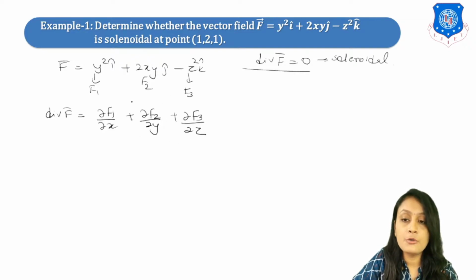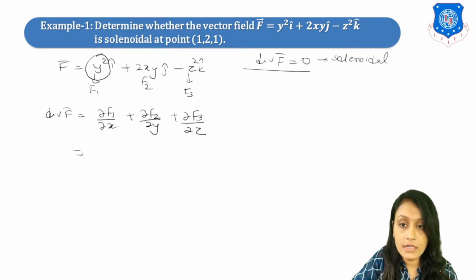This is the formula to find divergence. Now the derivative of f1 with respect to x is 0. The derivative of f2 with respect to y will give you 2x. And the derivative of f3 with respect to z will give you minus 2z. So this is your divergence.